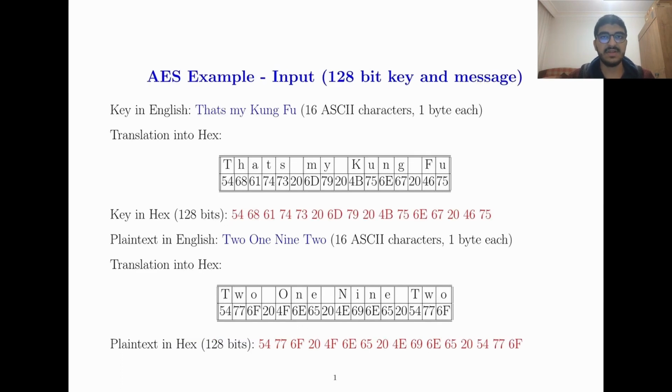Now we are just going back round 6, round 5, round 4, round 3, round 2, and round 1. We don't have the mix columns operation, and we get the plaintext back as in here, 2, 1, 9, 2.